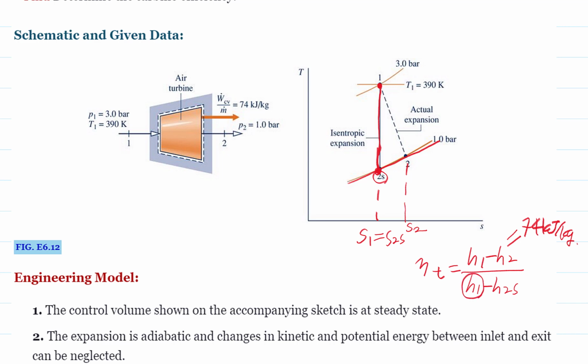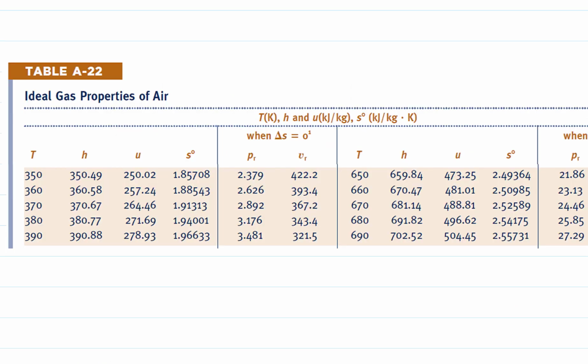H1 can be determined since we can fix the state at the inlet. Now we need to determine enthalpy at state 2S. So we know that S1 equals S2S, and we also know the pressure at the exit.